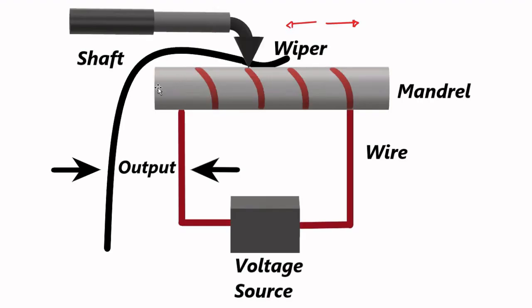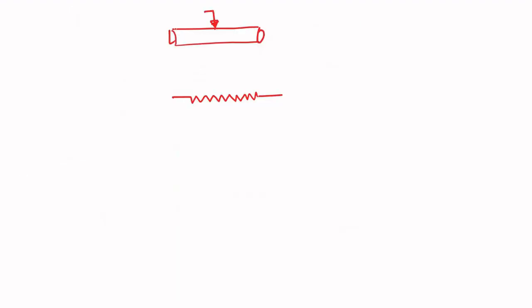This whole mandrel constitutes the total resistance of the potentiometer, and this movable contact is called the wiper.